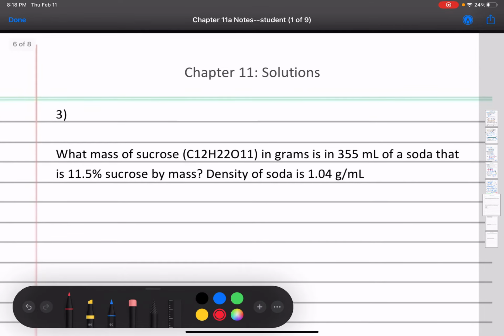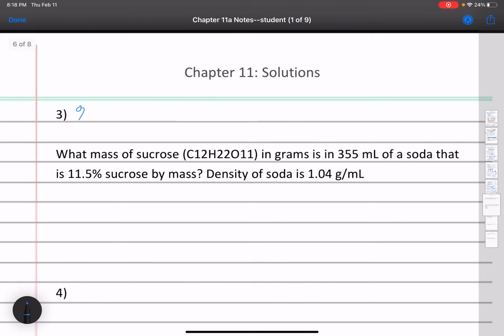Now for a third way that we can measure concentration, percent mass. Molarity and percent mass should be things you remember from chapter 6. These are review. Molality is new. We haven't talked about molality before.